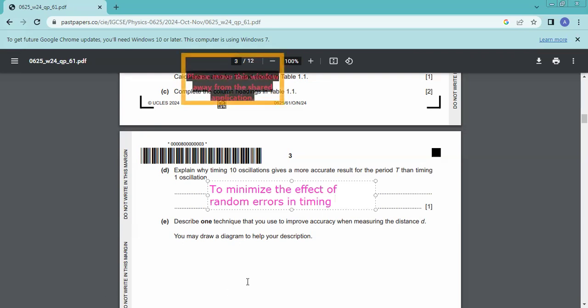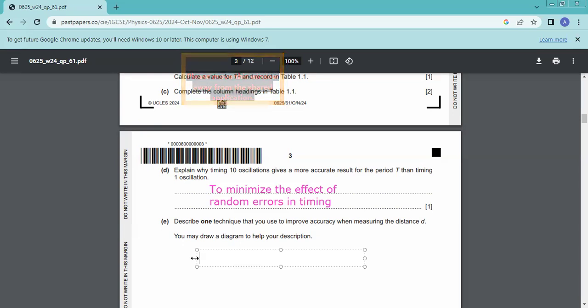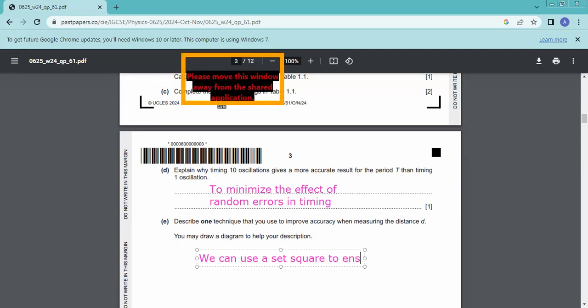Now they say describe one technique that you use to improve the accuracy when measuring the distance d. You may draw a diagram to help your description. So we are going to write down here the technique to improve accuracy: when measuring the distance, we can use a set square to ensure that the ruler is held perpendicular to the bench.